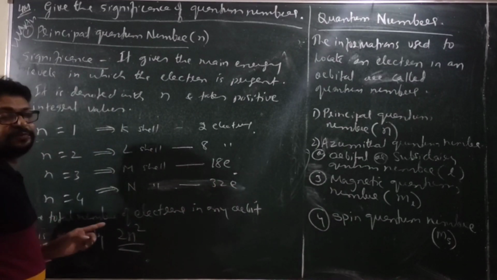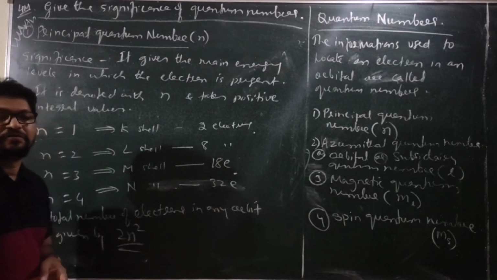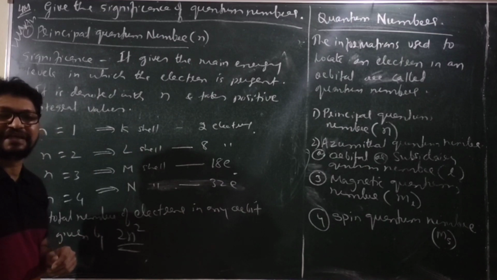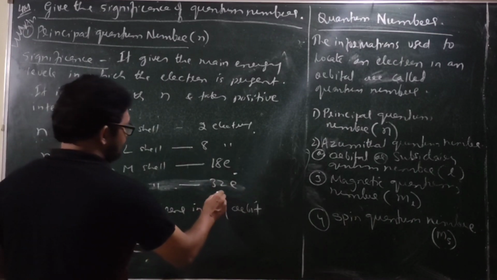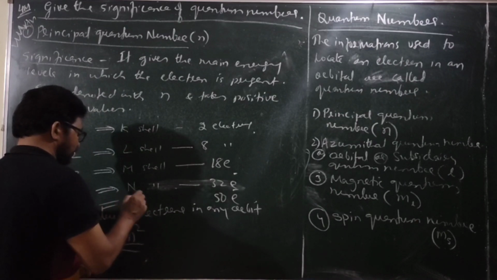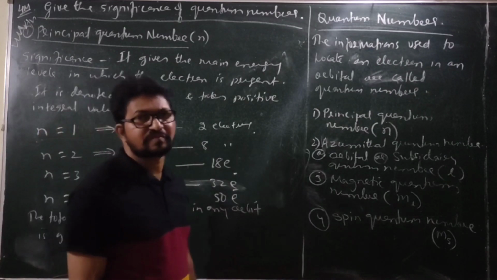Next, n equal to 5, 5 square, 25 into 2, 50 electrons, and so on.